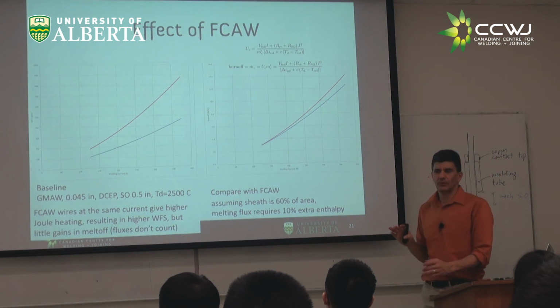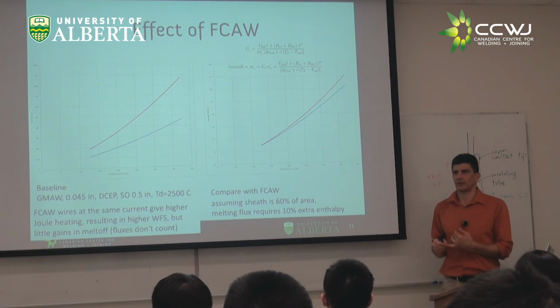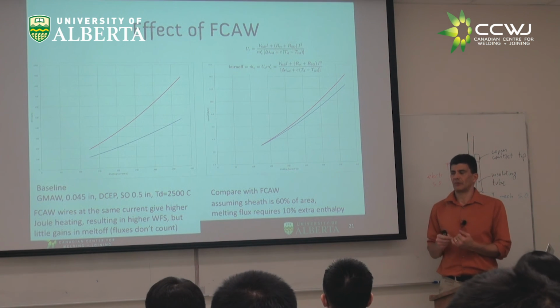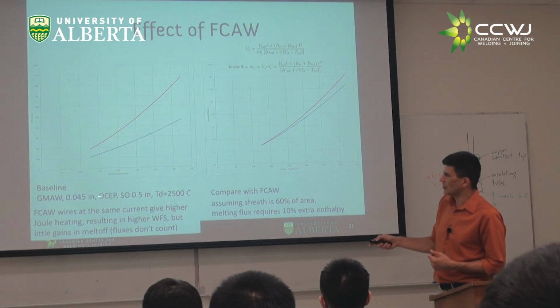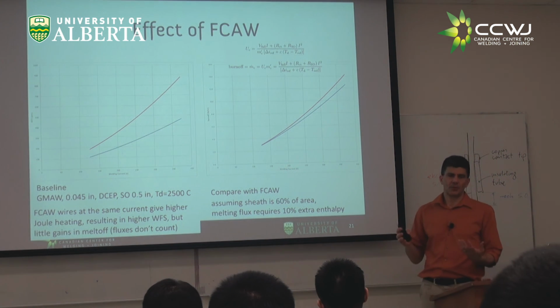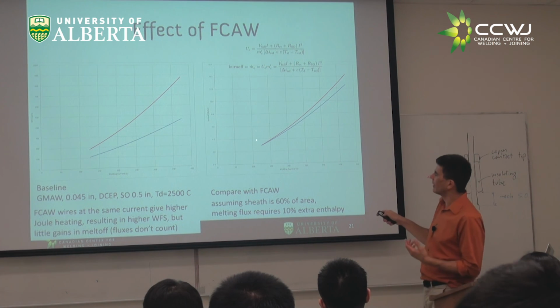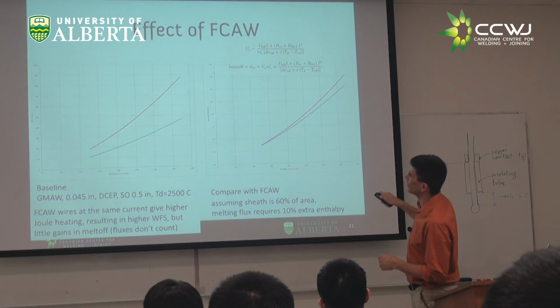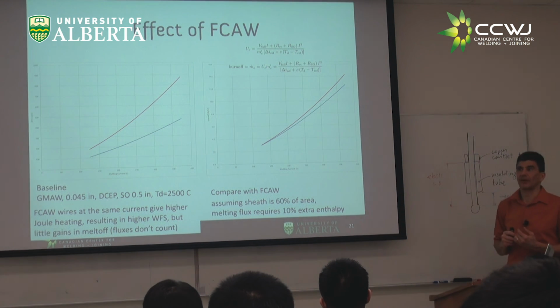In all this graph, the blue line is MIG welding with 045 wire, with a droplet condition. The red line is anything else I'm comparing with. In this case, I'm comparing it with flux core. So the red line is the burn off and the wire feed speed for flux core.